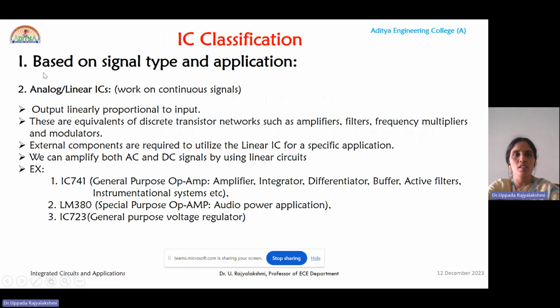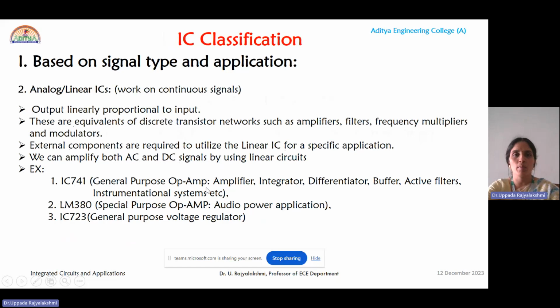The best example for this analog or linear IC is IC 741, which acts as a general purpose op-amp. It can be suitable for varieties of applications like addition, subtraction, integration, differentiation, amplification, buffer, filtering, and in instrumentation systems everywhere.